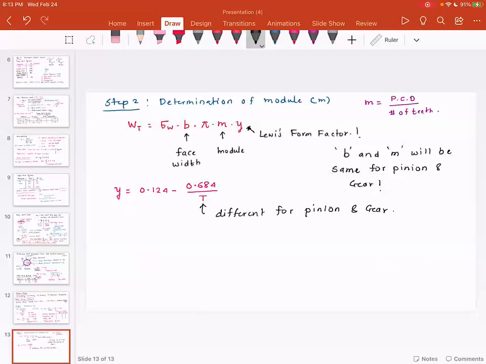So I want you to look at this equation. WT is equal to, and I'm going to write this equation slightly differently, sigma W times y times B times pi times m. This will be different for pinion and gear.